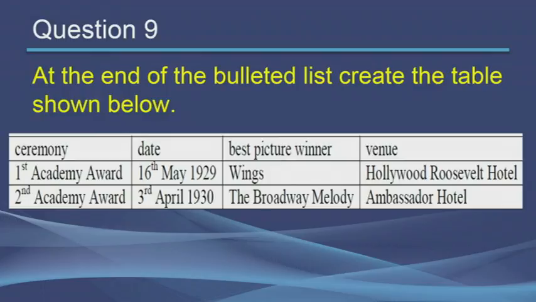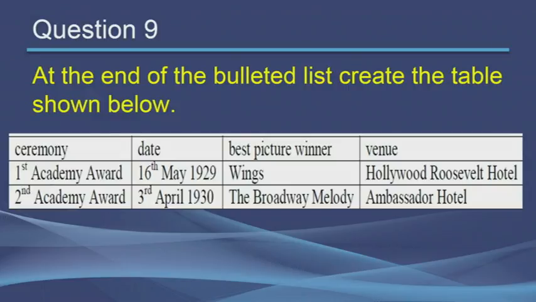At the end of the bulleted list, create the table shown below. So normally in the question paper, you will be given a table. So you have to create a table as given in the paper. In the paper, you can see that there are 4 columns and 3 rows.